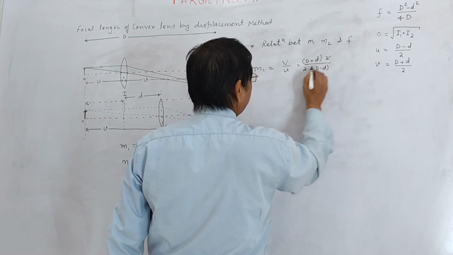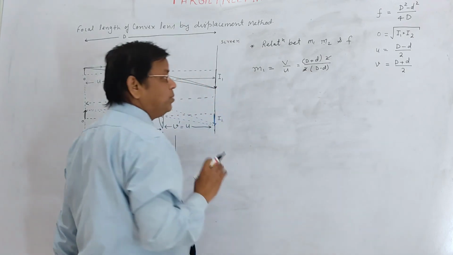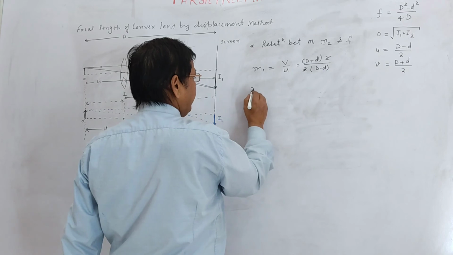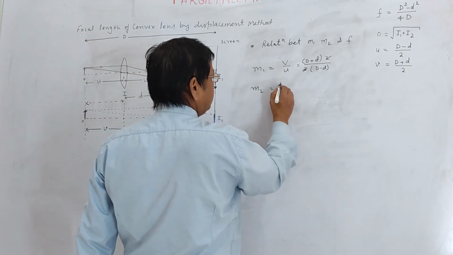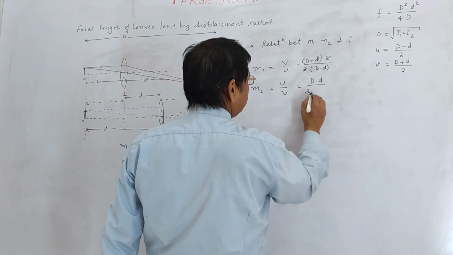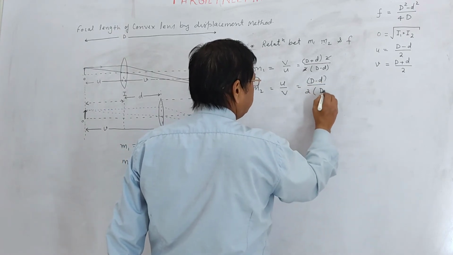So by 2 will go up, this is cancelled. So it is D plus d upon D minus d. M2 is U upon V. So D minus d by 2 upon D plus d by 2.